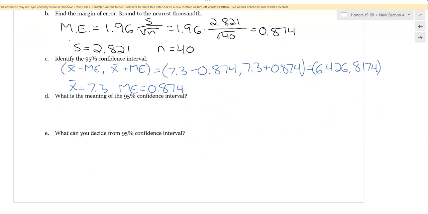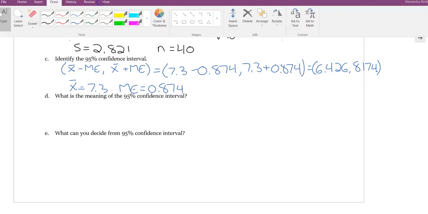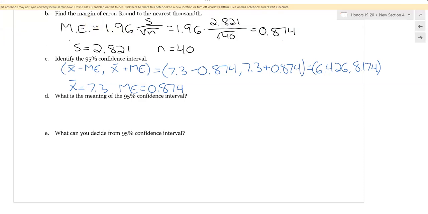So what is the meaning of the 95% confidence interval? This really is kind of a memorized explanation: 95% of samples of size, and we have to say whatever this size was, 40, because it only works if the samples are all the same size. There are, say, 3,000 kids in this school. I'm going to take this random 40, then choose another random 40, then another.